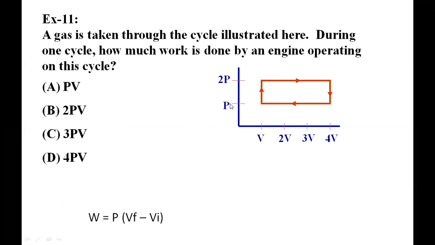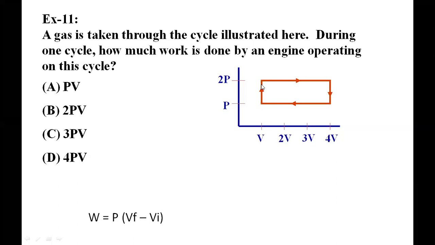Look here, the pressure difference is 1P. And here is the volume V, and here is 4V. Here is constant pressure. He asked about the work. The work equals the pressure times the change of the volume, delta V.